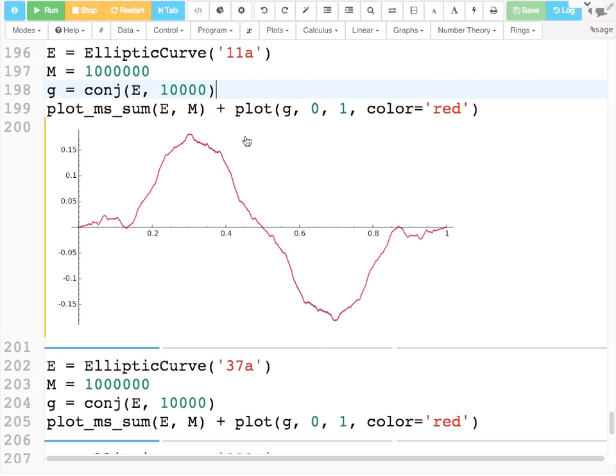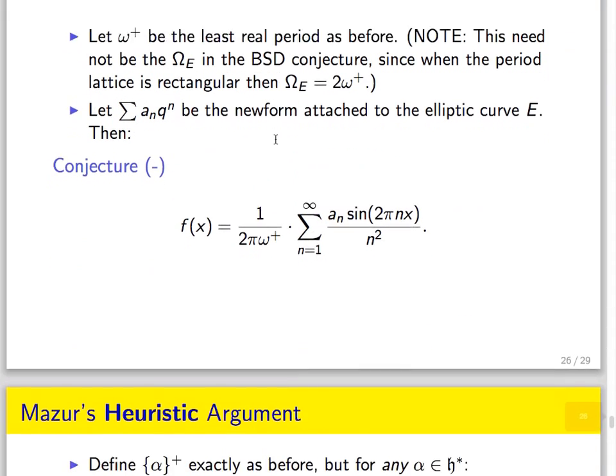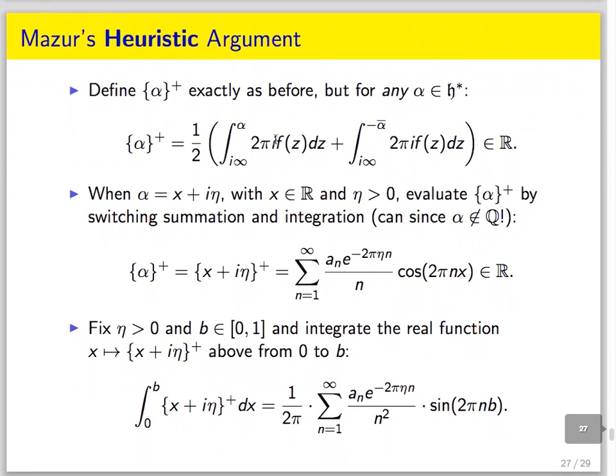Okay, so now I will explain to you. I will give you a heuristic argument of Barry's, which is theoretical, which is a reason that you should believe that trig sum over there equals the sum of these modular symbols. Okay, and it's a very compelling argument.